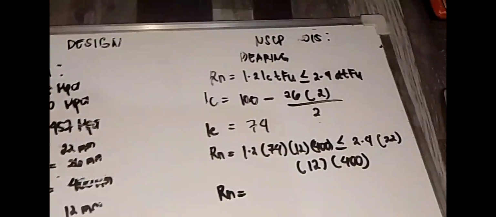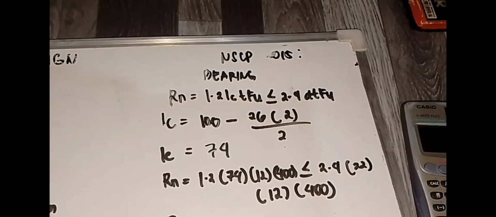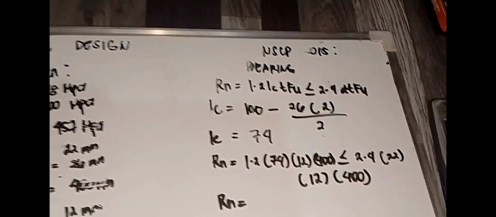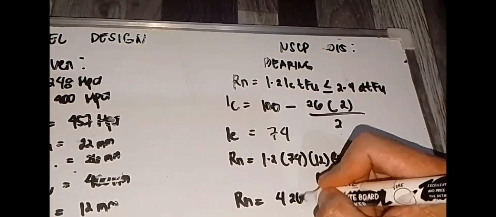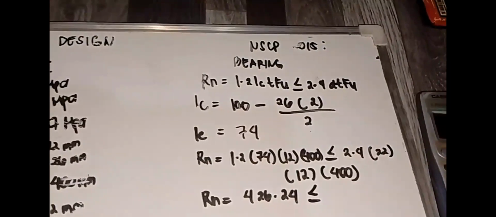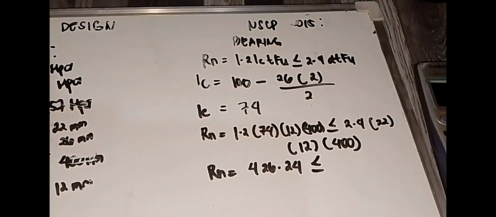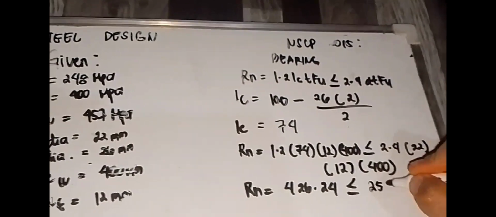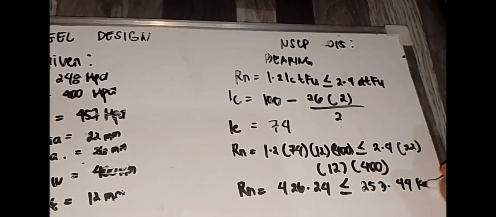So compute. We can get 426.24 less than or equal to 253.44 kilo Newton.